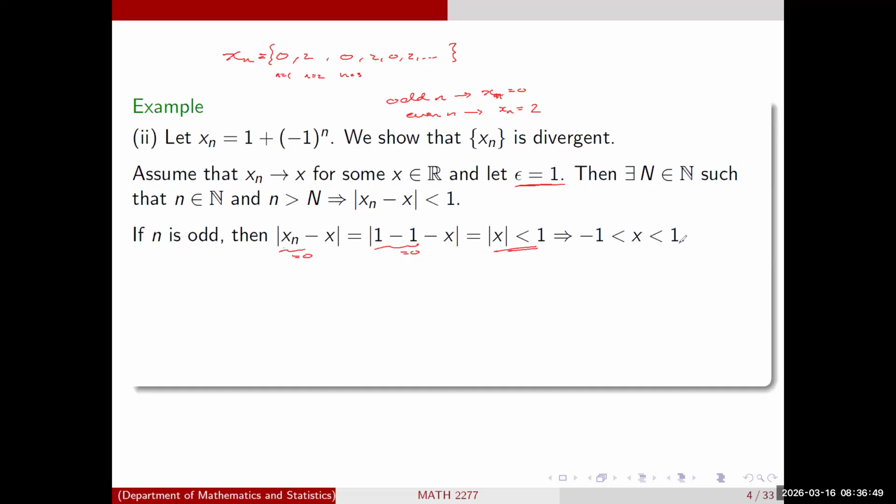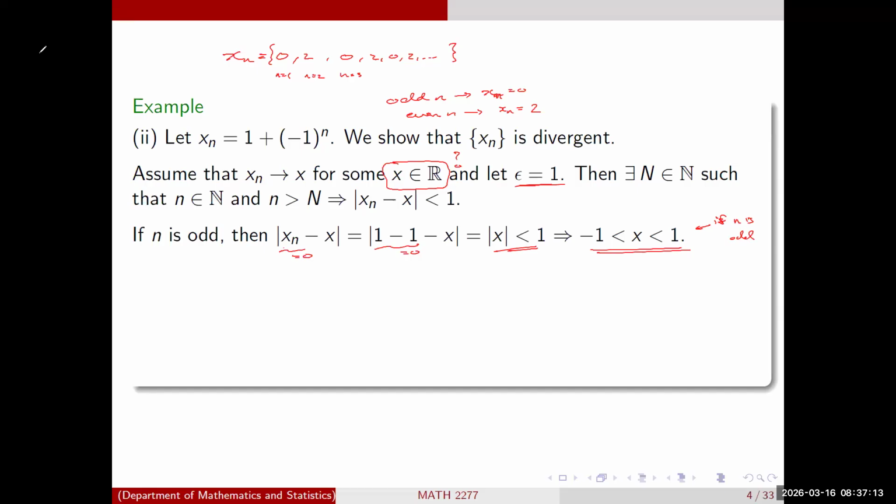It means x is between plus and minus 1. So this is if n is odd. If n is odd, because remember, we don't know what this limit is. This limit is a mystery. So if n is odd, then this mystery limit should be a number between minus 1 and 1.